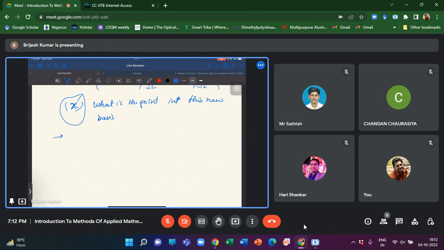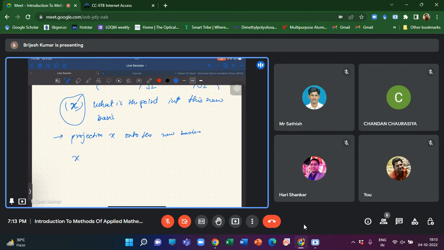So for that, what we will do is the projection of x onto the new basis.